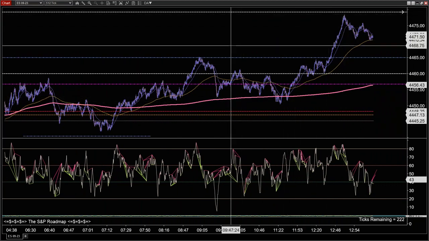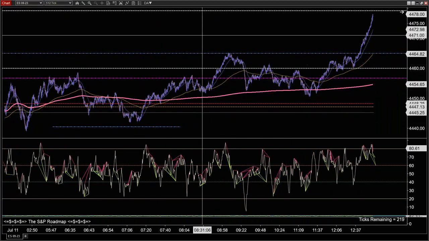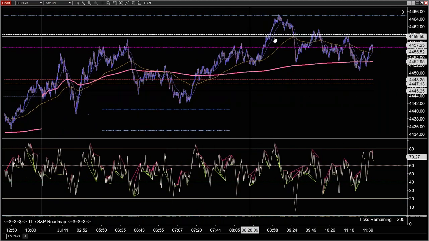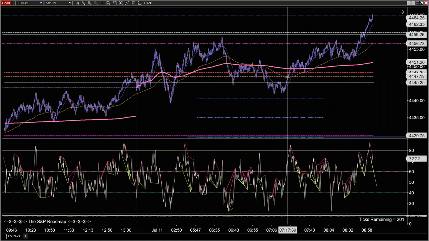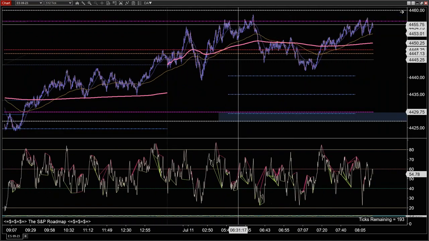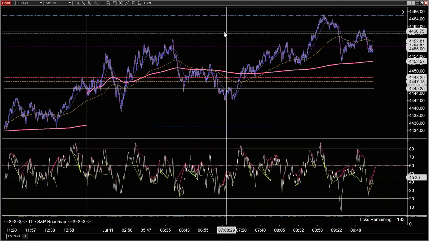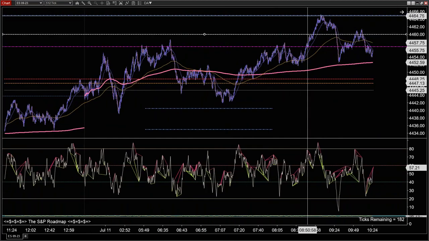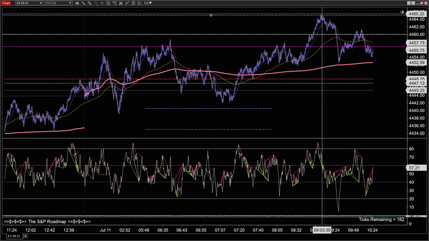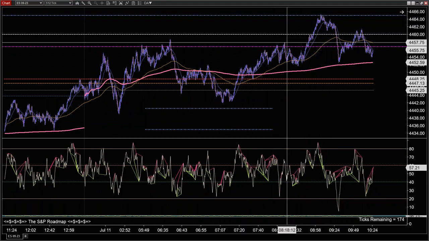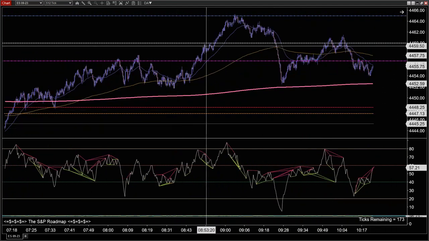So here's the thing. One of the major levels we talked about being resistance this morning, if we could get through 50% of the previous week, we were talking about the scaffolding. We were talking about the 61.8 retrace here at 44.65, give or take a tick or two. So what happened? They came right to scaffolding.